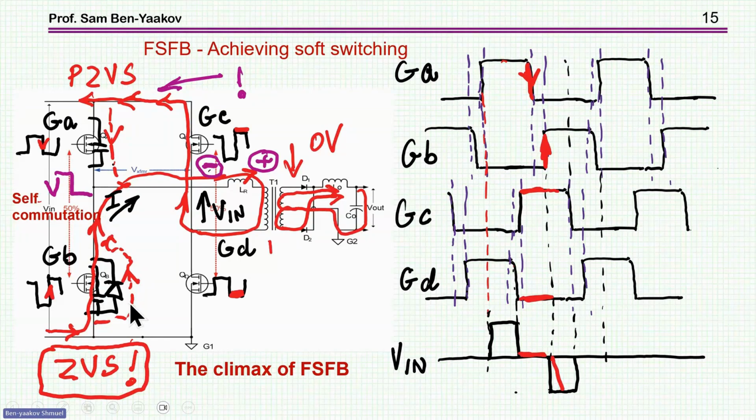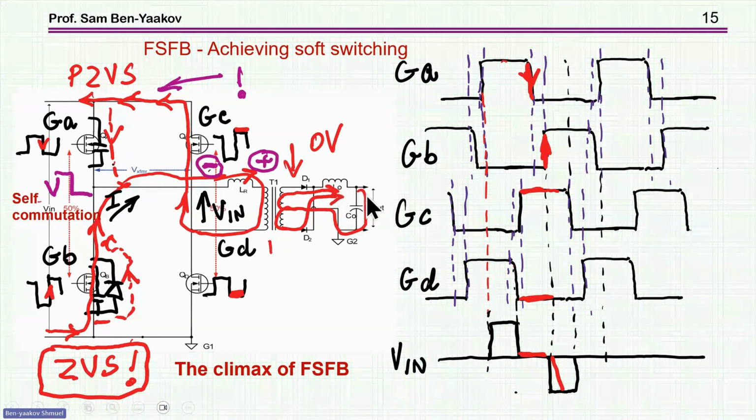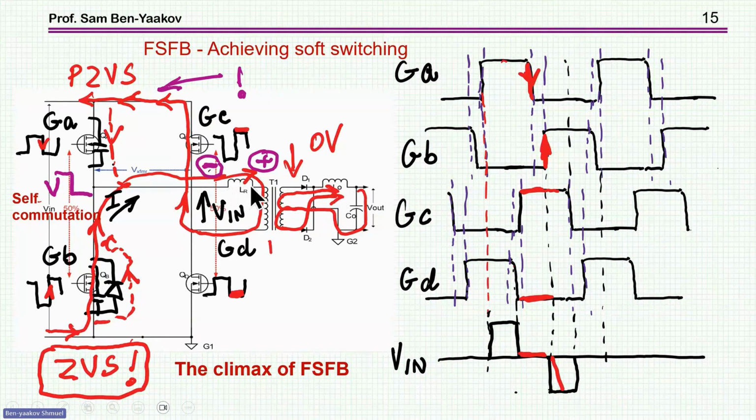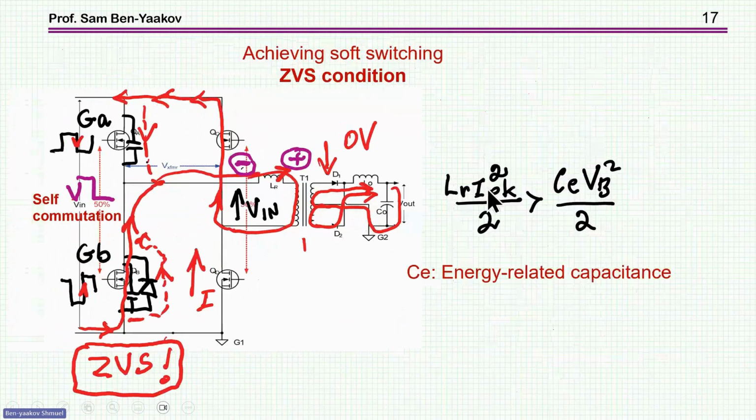The energy available is not from the output now, it is from this inductor only, because the output now is shorted. There's no energy coming from the output. There's no current reflected to the input from this inductor or from the output. So we have to have enough energy here. The amount of energy that we need in this inductor should be larger than the amount of energy needed in order to charge or discharge these capacitors.